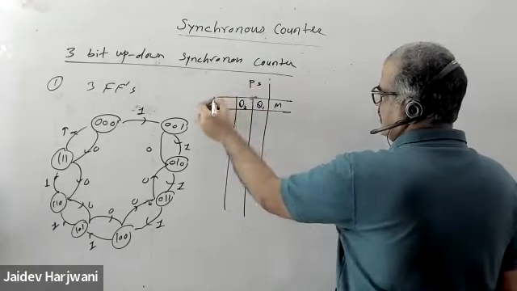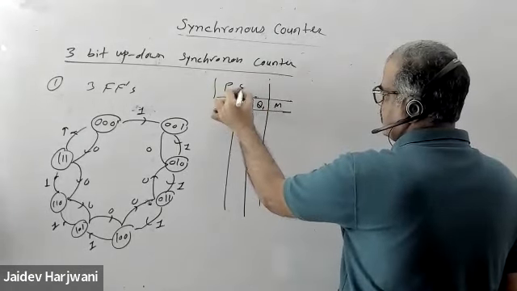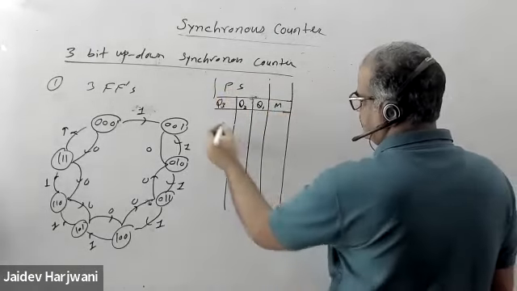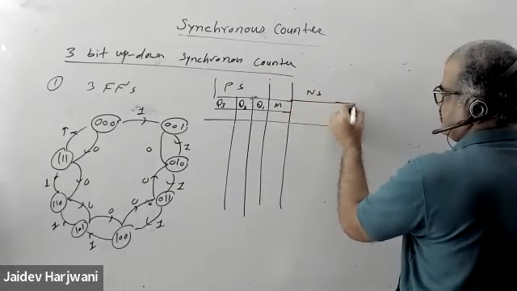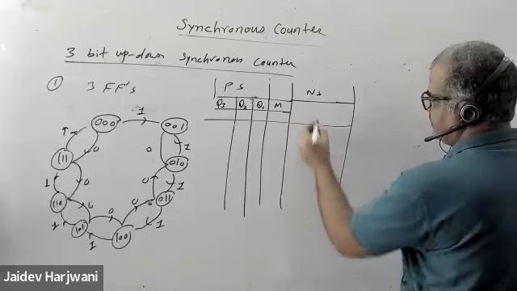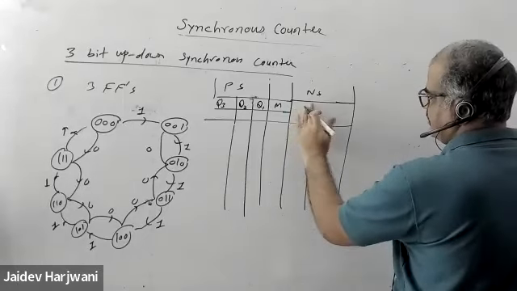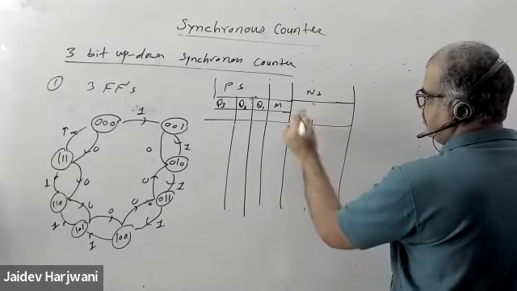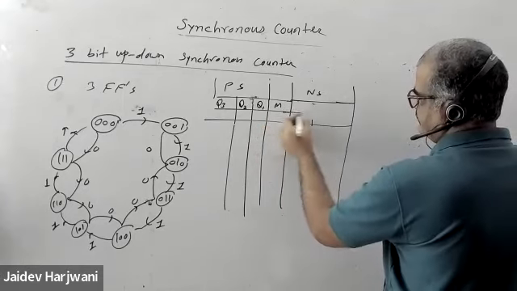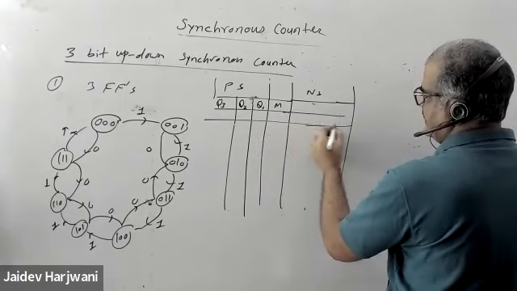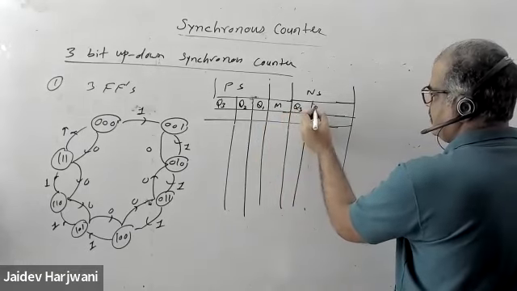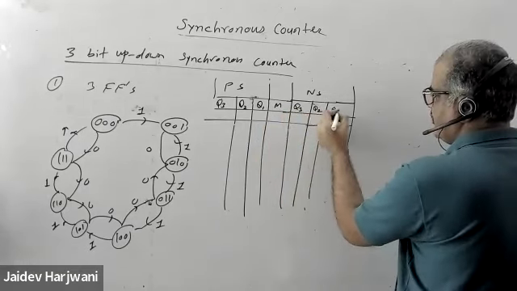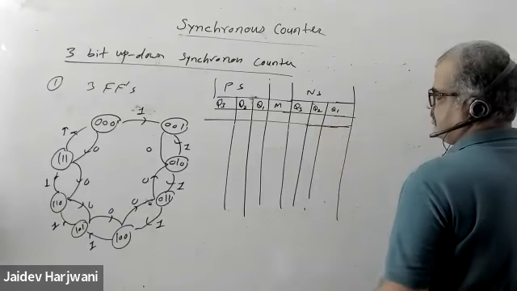This is the present state. And then you have a next state, also your Q3, Q2, Q1. This is your next state.